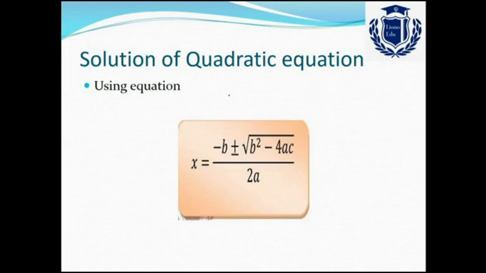So, what are these a, b and c? Let me remind you, ax square plus bx plus c is equal to 0 is the quadratic equation. And here a and b are the coefficients of x square and x, and c is the constant given in this equation. So by knowing this, you can find the solution of the quadratic equation.